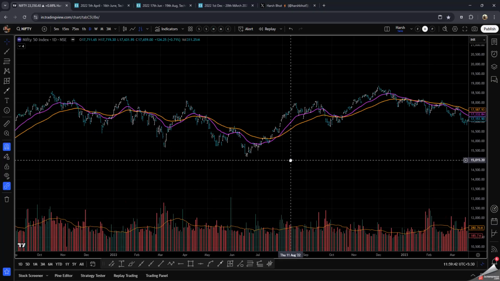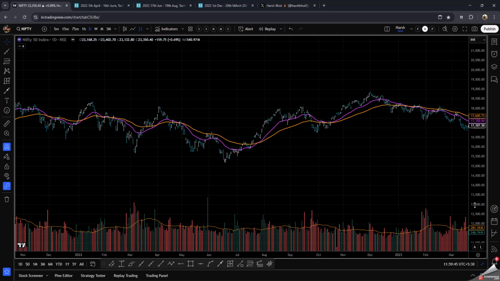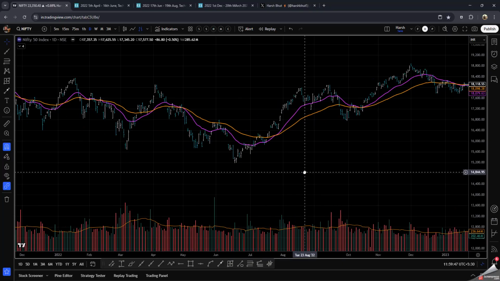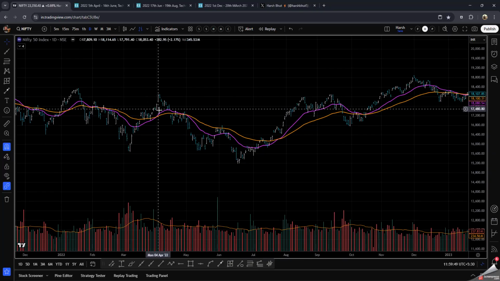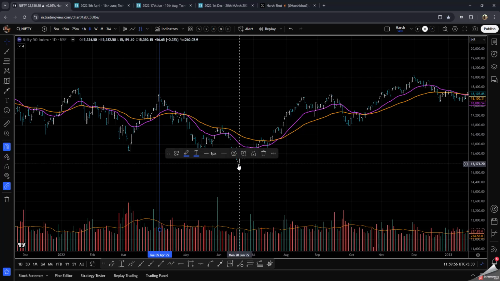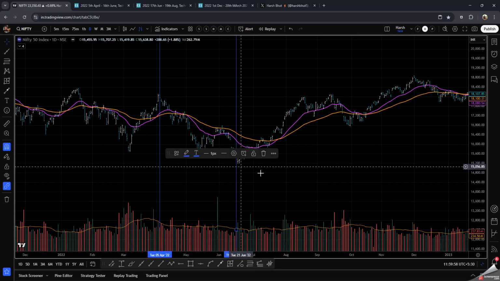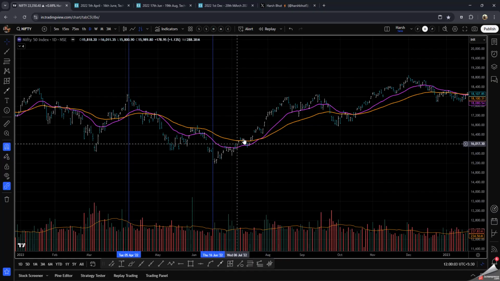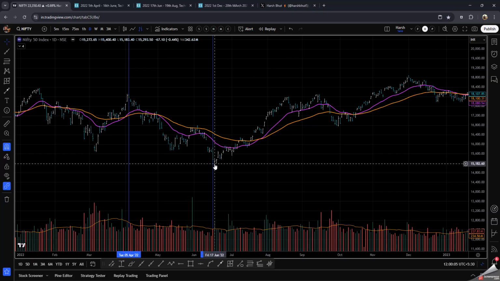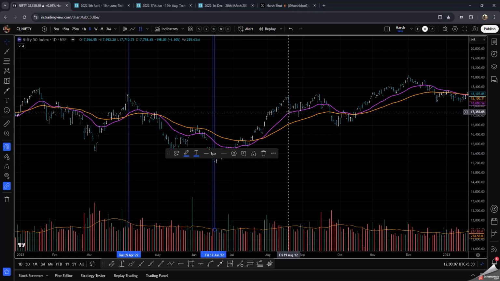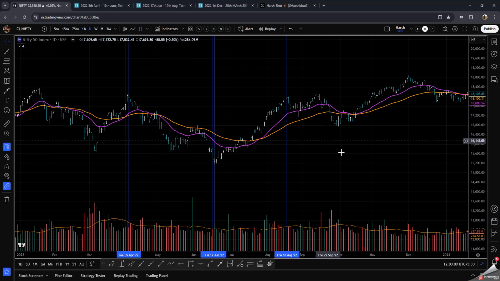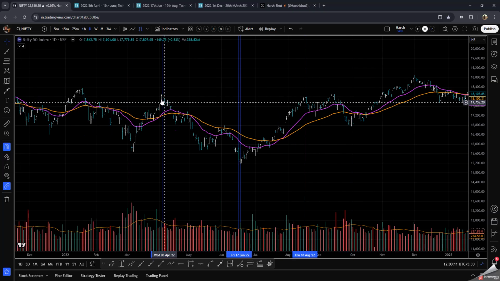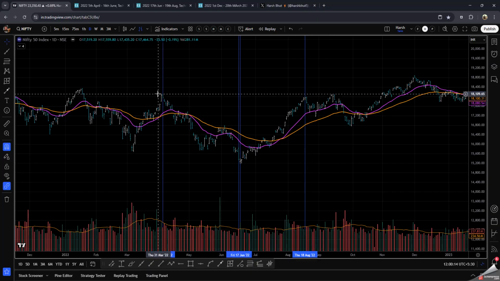So here we will see first of all that this downfall started on 5th of April and lasted till 16th of June, right? After that, the next leg of upswing started from 17th of June to 18th of August, right? So these are the two areas.